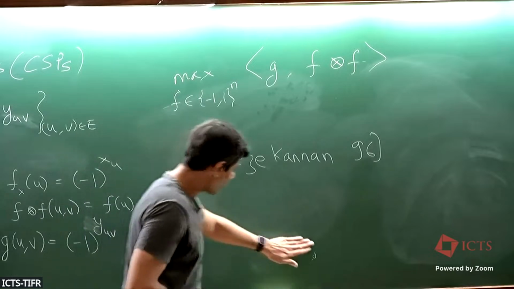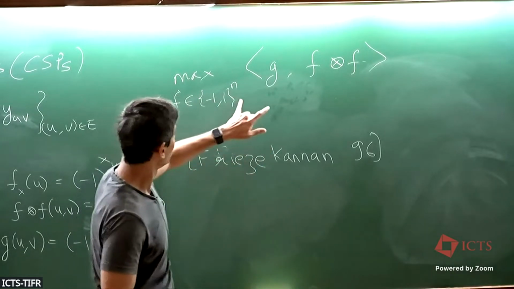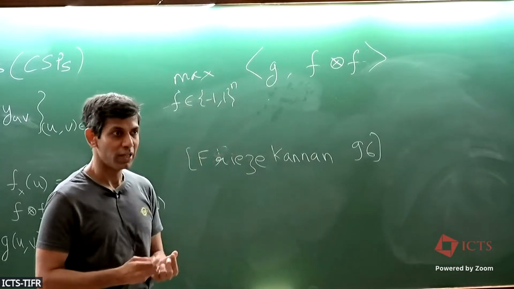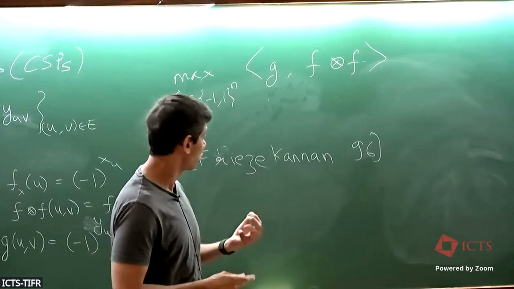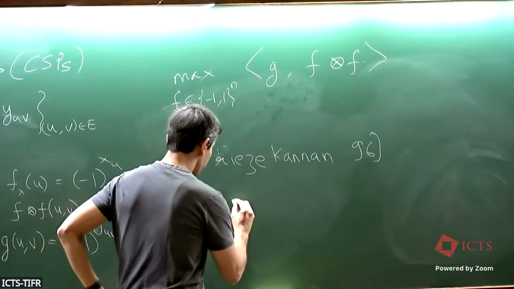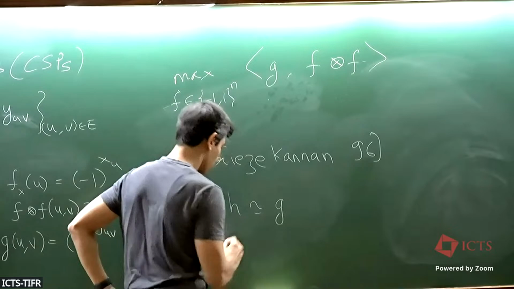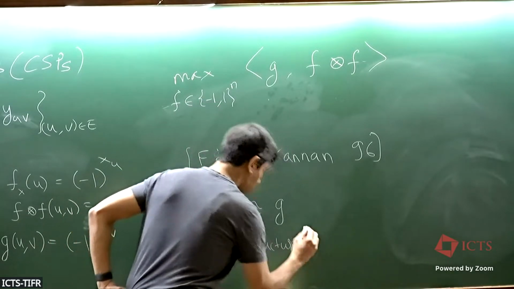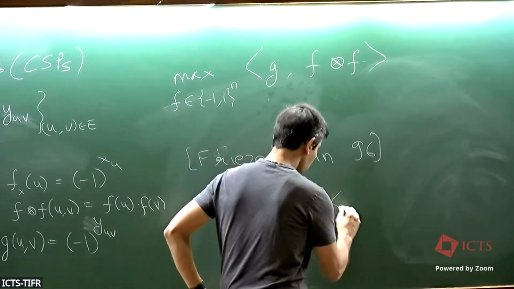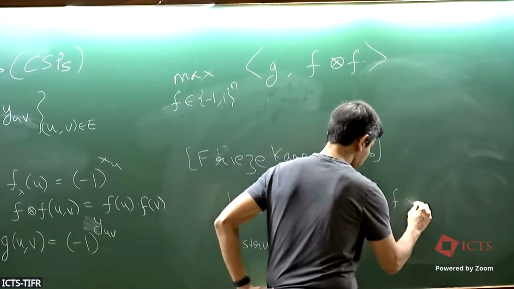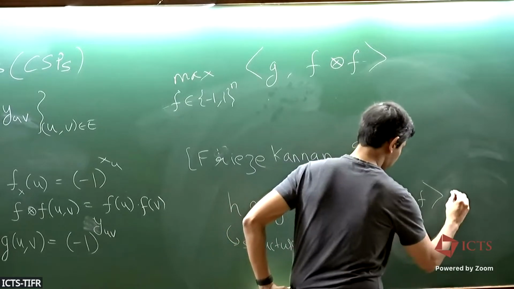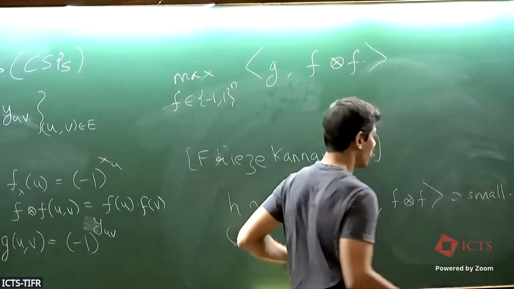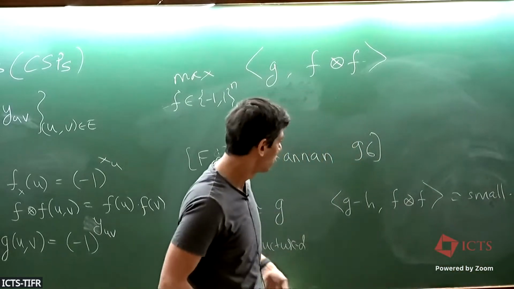And what it does is that it lets us take this G, which is possibly an arbitrary function, and build a very simple, very structured approximation for G. Okay. So it lets us build H, but H is very structured, very simple. Such that the difference is very small, depending on the quality of approximation we want, for all f.